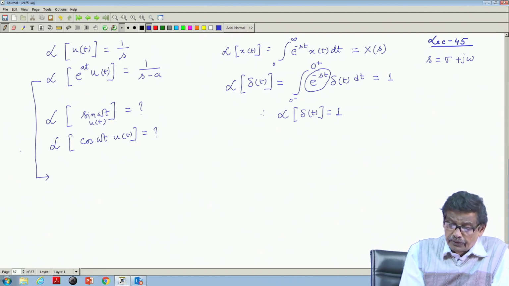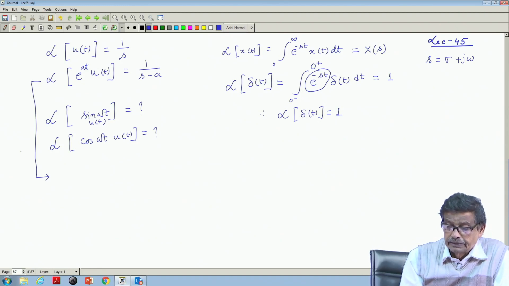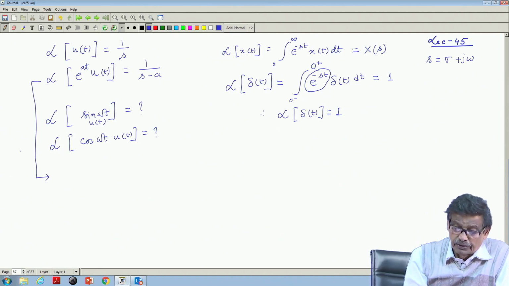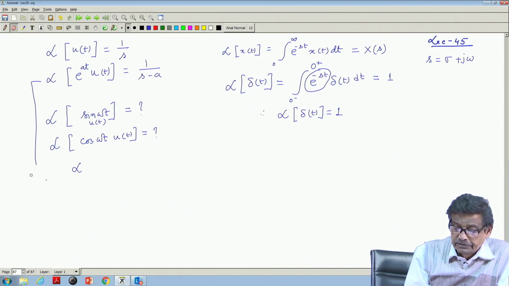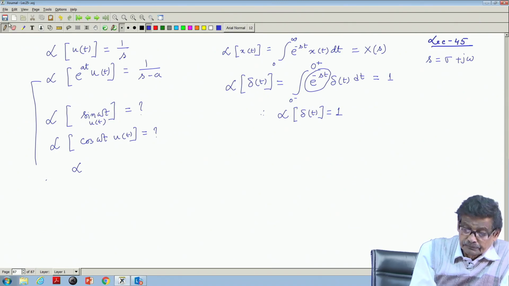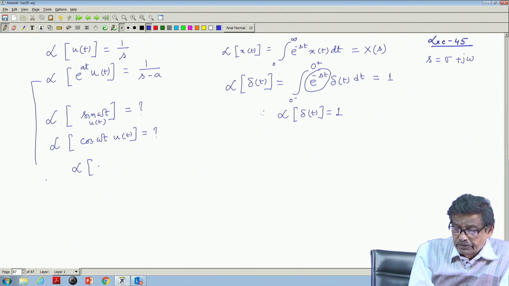Therefore, we will first find the Laplace transform of e to the power j omega t. This is the easiest way.